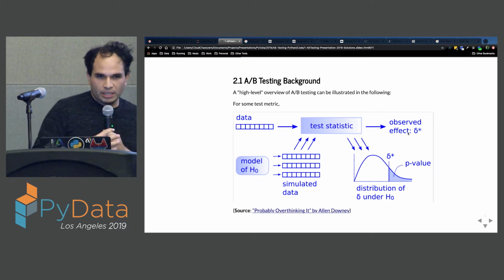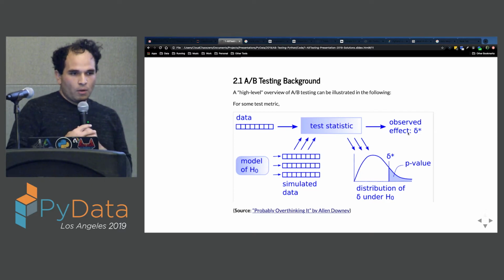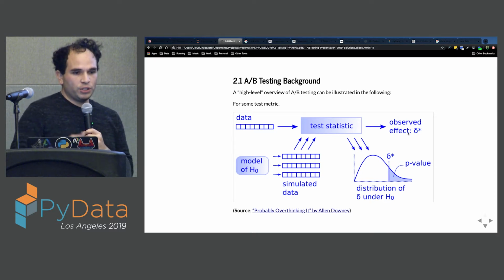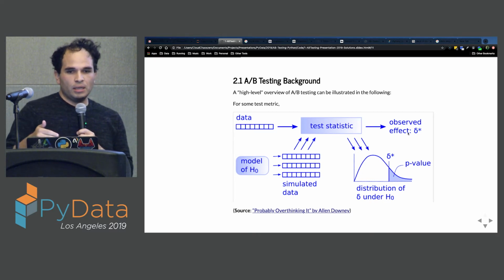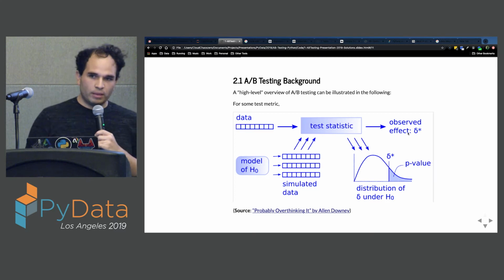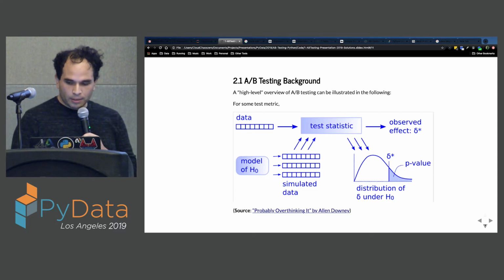But that would be under the assumption that we go in through the implementation ensuring that there is no difference between the two groups, and I'll talk about that more in depth. This is just a high-level abstraction of what the A/B test implementation would look like.